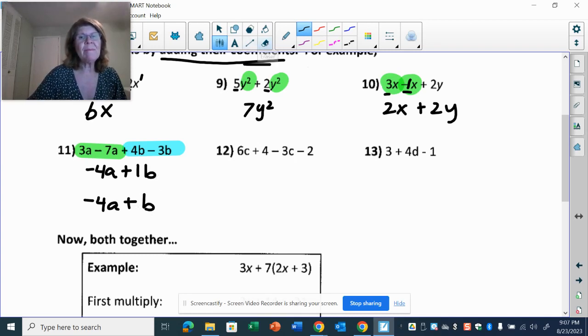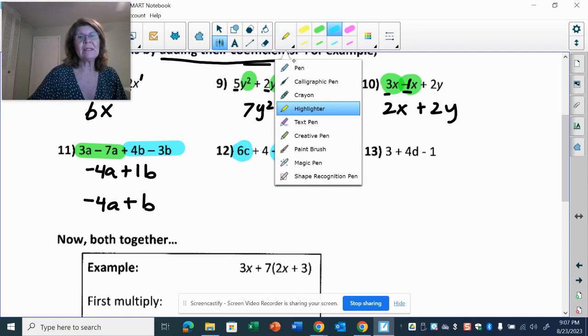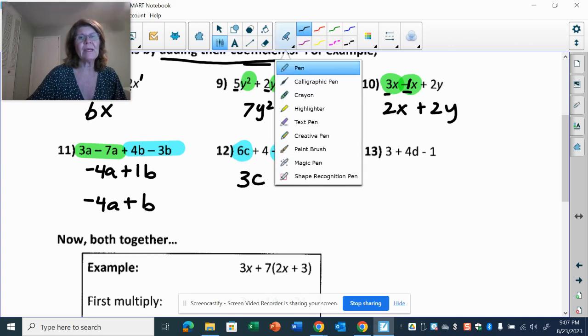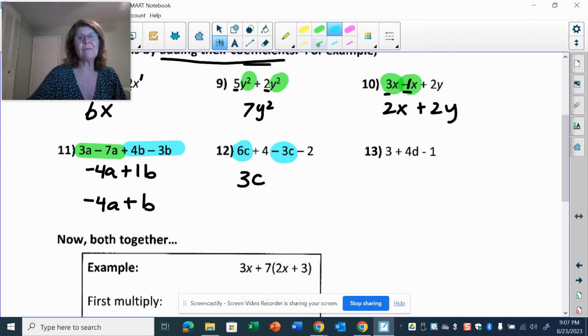They could be mixed up in a different order. Like I have my c's here and here, but I can still combine them because of the commutative property. So 6c minus 3c, I just do 6 minus 3 is 3, and then bring down the c. And then now I've got this one.